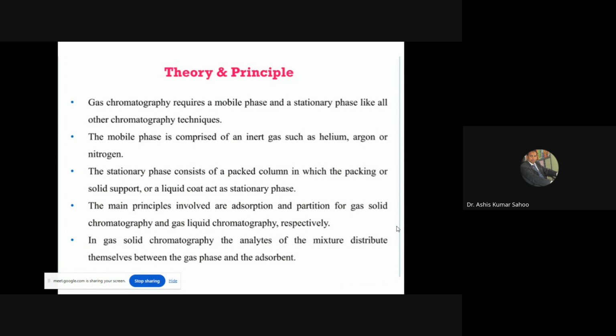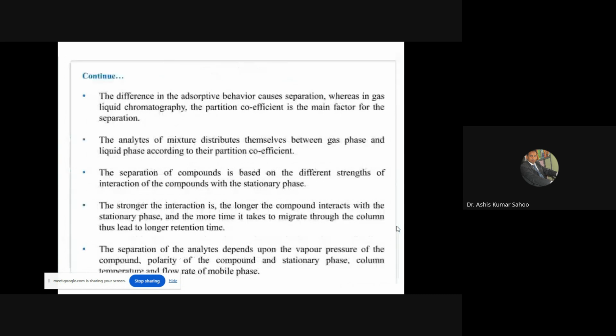In gas-solid chromatography, the analytes of a mixture distribute themselves between the gas phase and the adsorbent. The difference in adsorption behavior causes separation, whereas in gas-liquid chromatography, partition coefficient is the main factor. The analytes distribute themselves between the gas phase and liquid phase according to their partition coefficient.